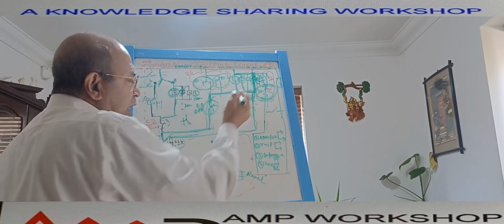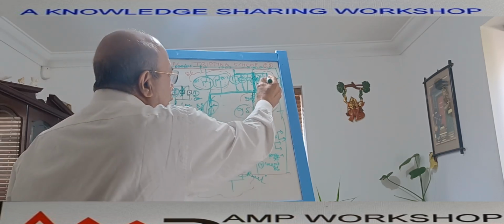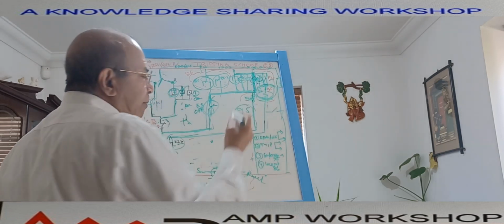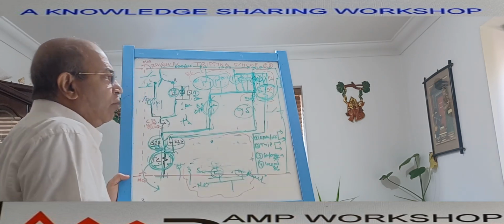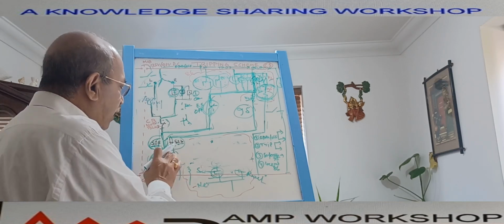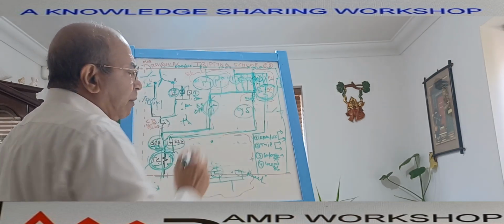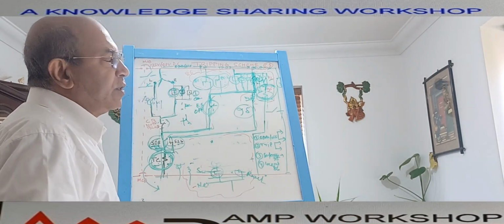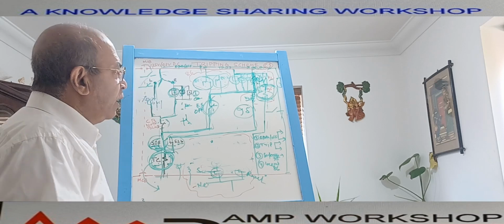So K1 and K2 will drop, and the moment they drop, their contacts become NO, and the 95 will drop, and the remote signal will become open, so they will not get the healthy condition. That means the trip coil has failed. So that is the trip coil supervision relay we use in the tripping scheme to monitor the trip coil.